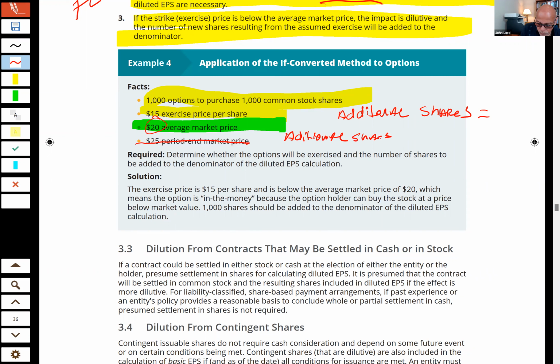The additional shares are going to be equal to the new number of shares minus shares repurchased.